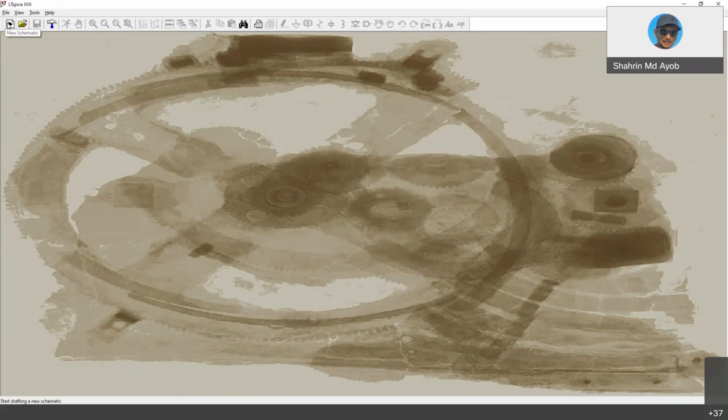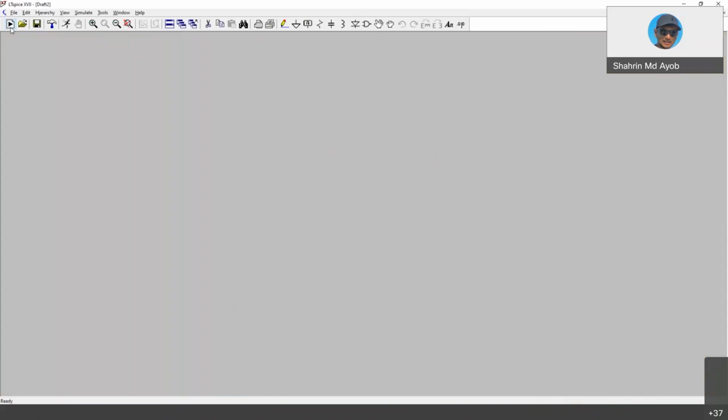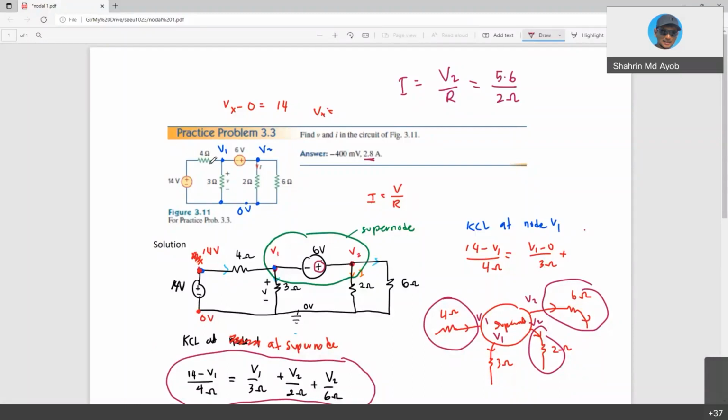If you want to create a circuit, just click New Schematic, and it shows some blank space where you can begin designing the circuit. Let's try to design this circuit.